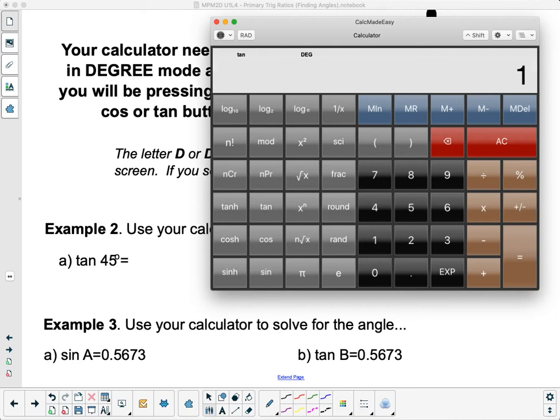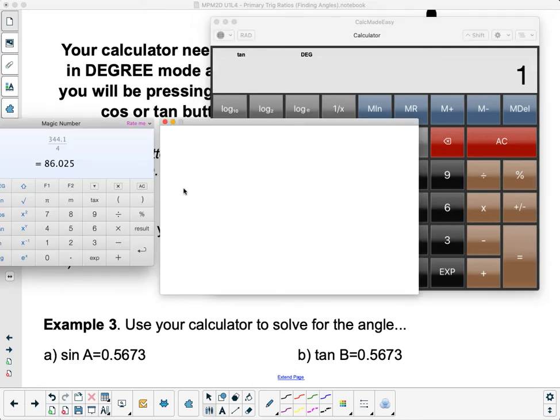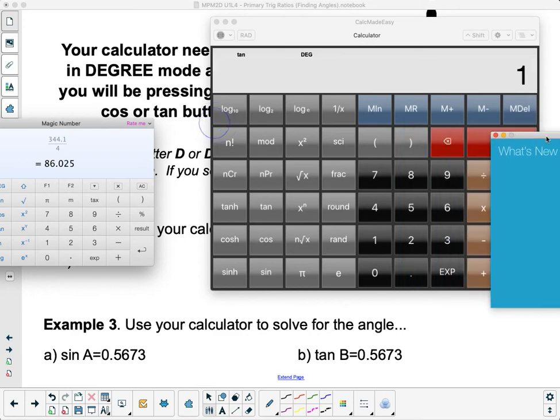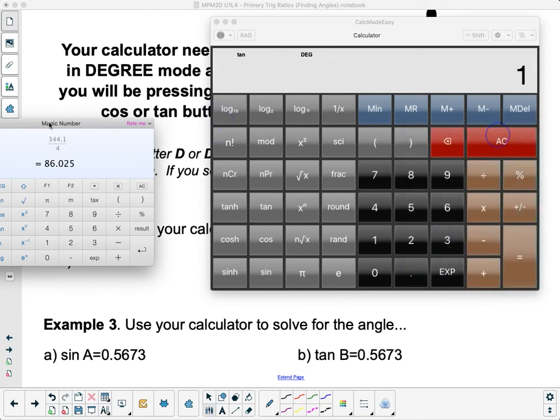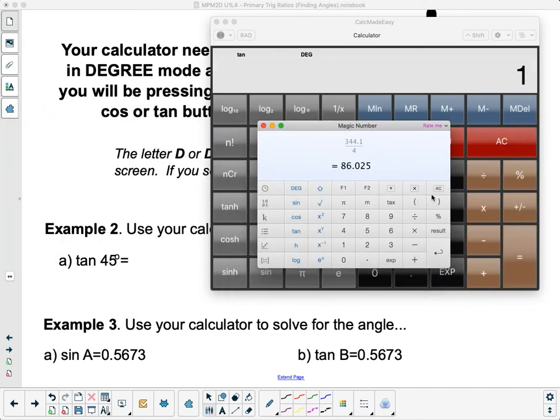Here's a different calculator, where you would have to press the tan and then the 45. You need to know which way your calculator works. So the tan of 45 degrees is 1.